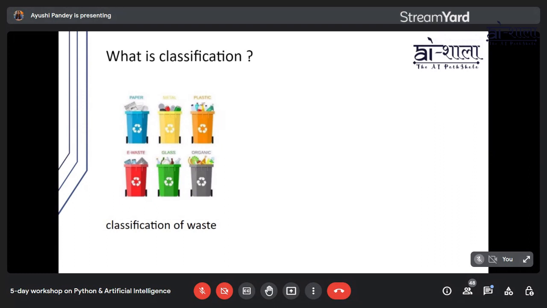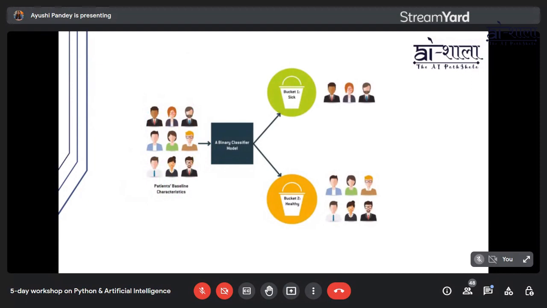If we have data that is not an image, it will be in the form of a table, rows and columns. The first row belongs to this class, the second row belongs to this class, and so on. In this example we have two buckets: one bucket is sick and the second bucket is healthy.